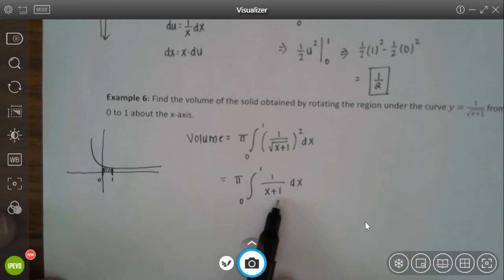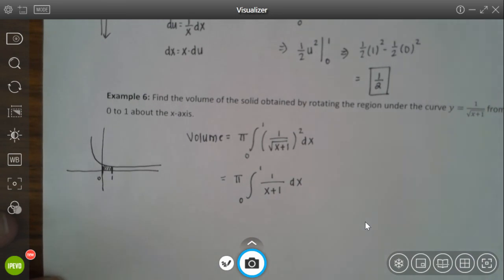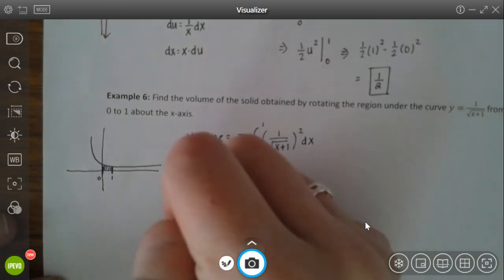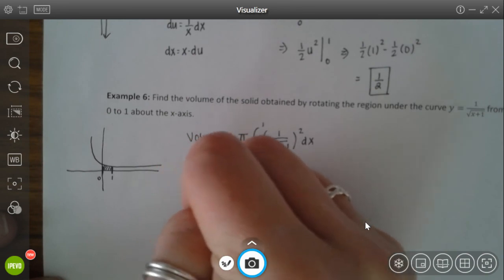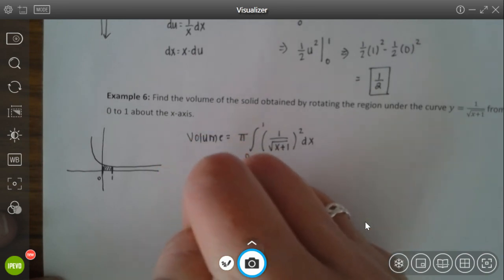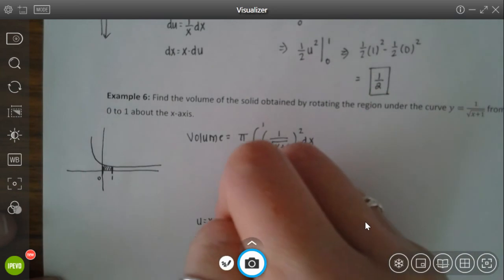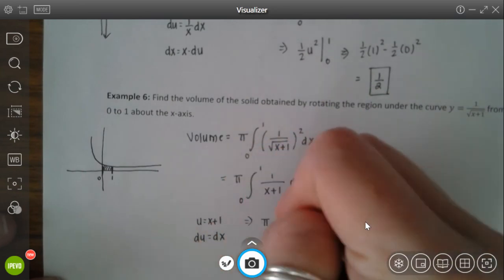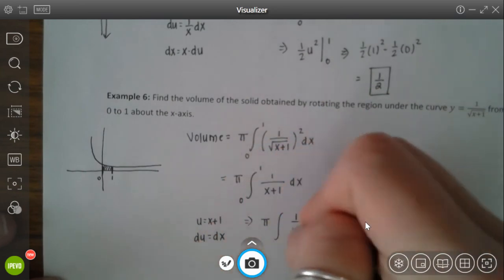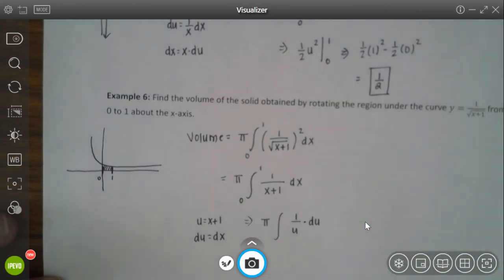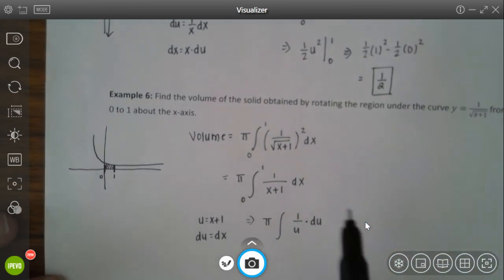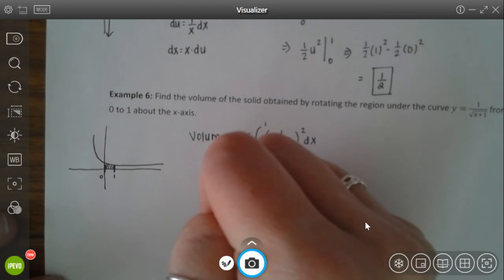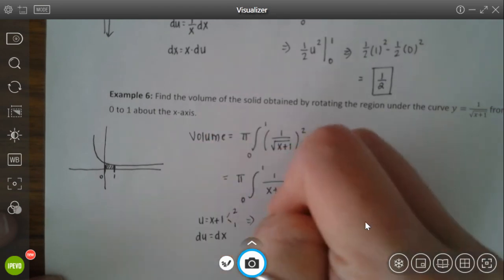This is kind of like the first example that we went over with the integration. So I'm going to call u x plus 1. I'll call du dx. Go ahead and do the substitution. So 1 over u du. And then I want to change my limits from 0 to 1. This is going to be actually from 1 to 2 now.